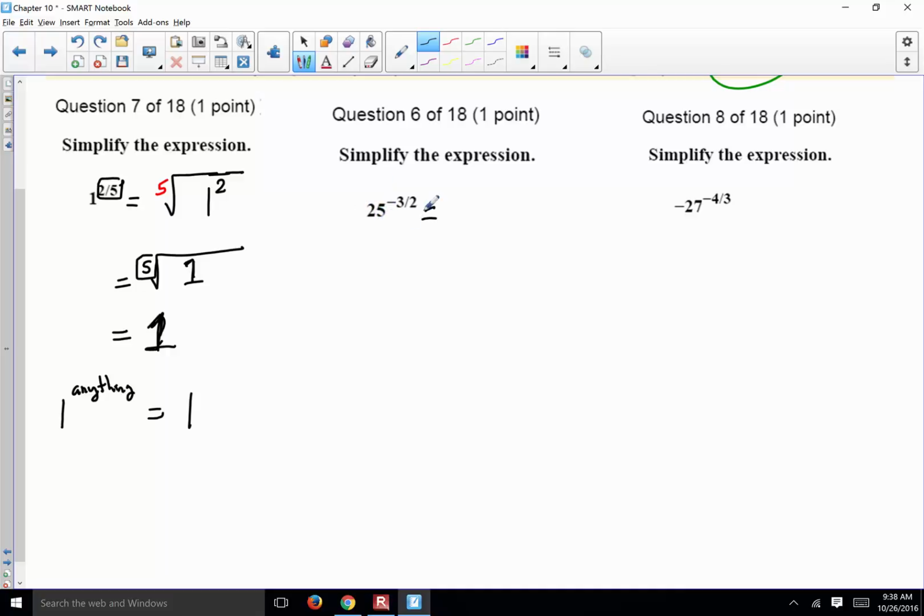If you have a big fat number given like this, 25, 27, think if it's a square or power of a basic number. 25 is a square of 5. And then we have a minus 3 over 2 outside. Okay? This is an alternative way we will learn in 15 minutes. I'm just giving you a preview right now.